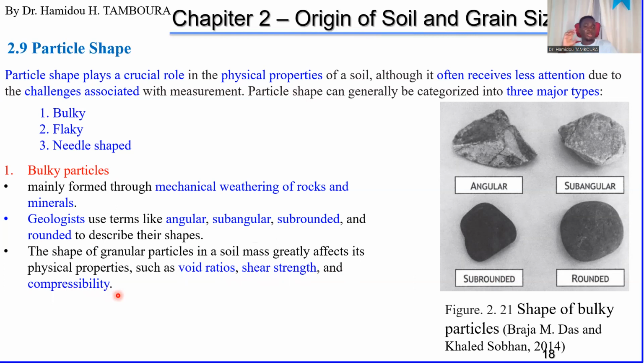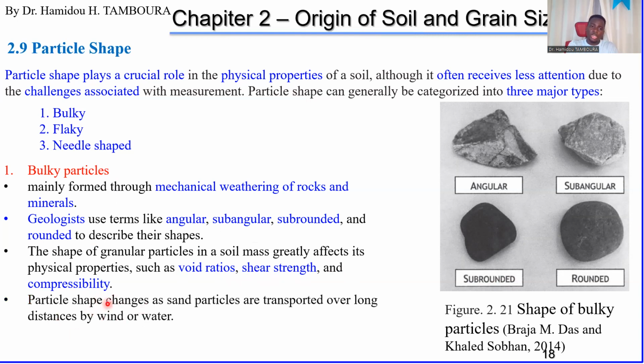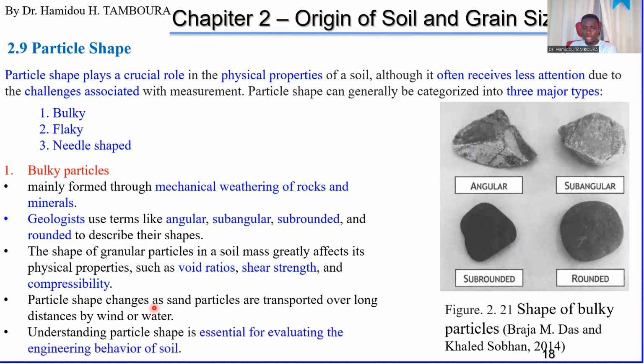So these three physical parameters of soil are greatly affected by the shape of the soil particle. Okay, and the shape changes when the sand or gravel is transported from one point to another, over long distance by wind or water. So understanding this particle shape is very important for evaluating the engineering behavior of soil.